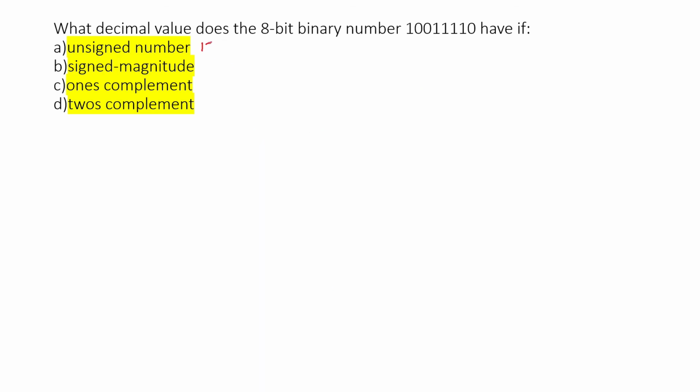So 158, negative 30, negative 97. And in 2's complement, we'll do the same exact thing.